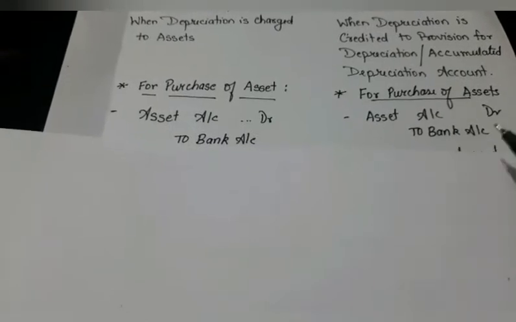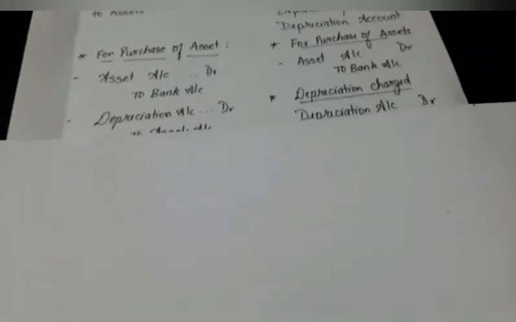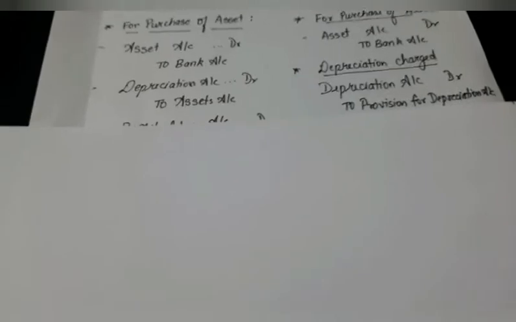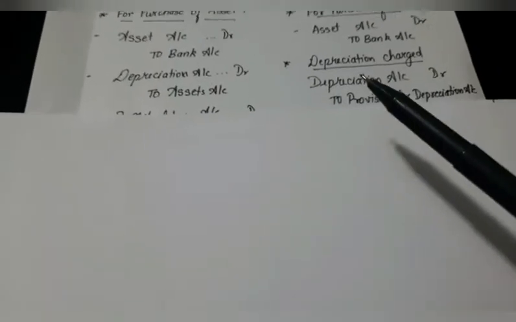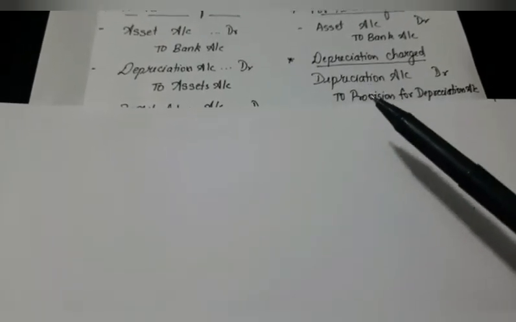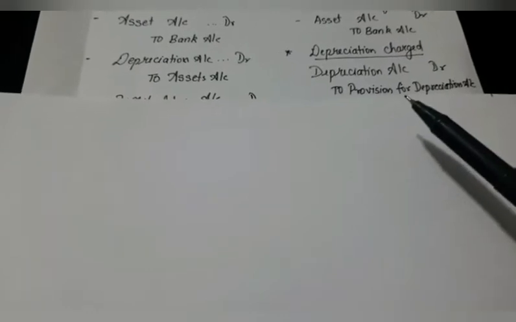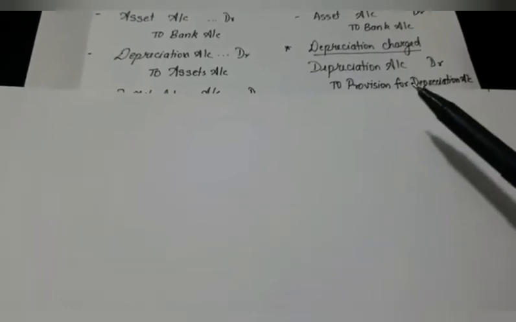Asset will be debited to bank account. Now for the second entry, that is charging of depreciation. Here you are charging depreciation to a separate account which we have created for that purpose, and that is provision for depreciation. So what is the journal entry? Depreciation account will be debited to provision for depreciation account.